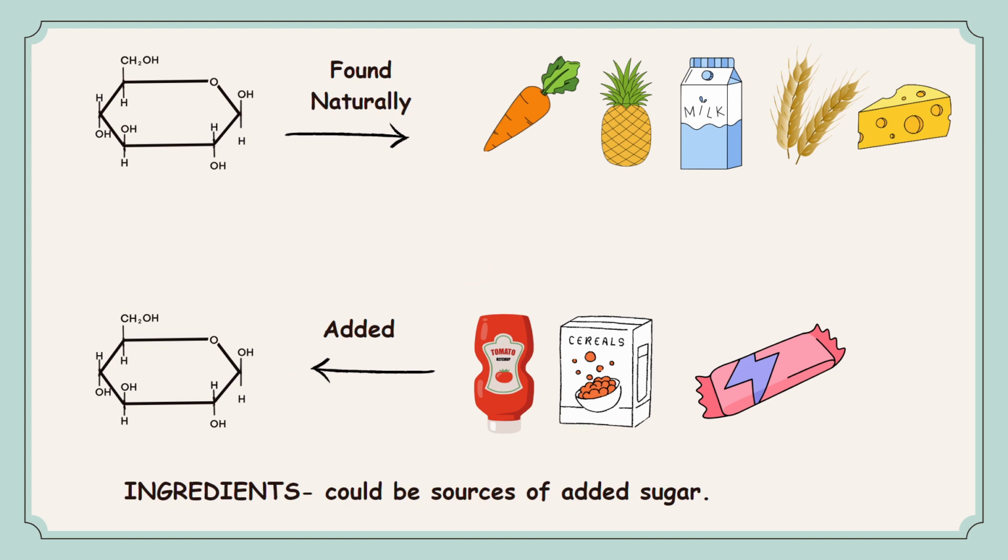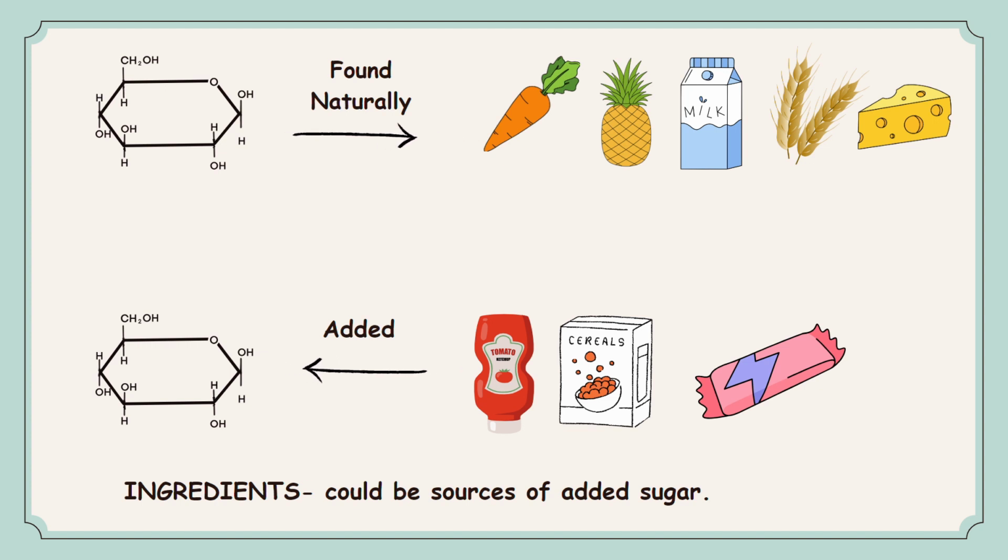Nowadays, sugar occurs naturally in both plant-based foods like grains, fruits, and vegetables, as well as animal-based foods like cheese and milk. Foods such as cereals, ketchup, energy bars, and even salad dressings can contain added sugars.